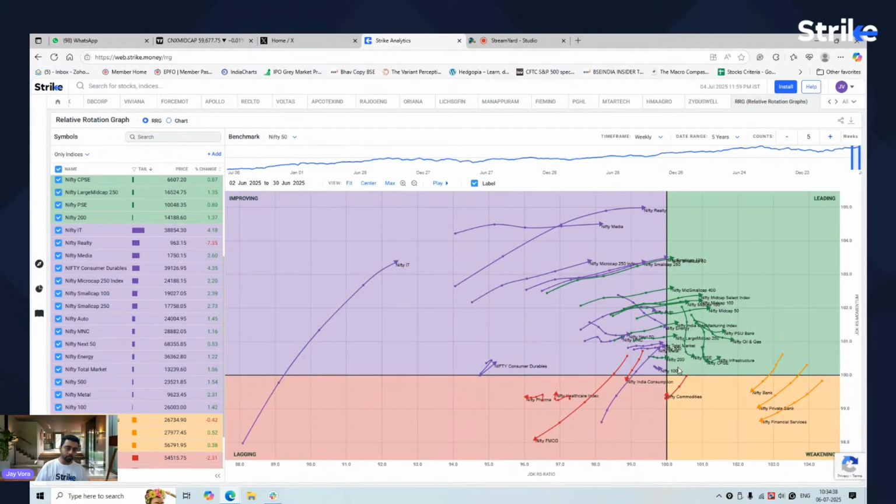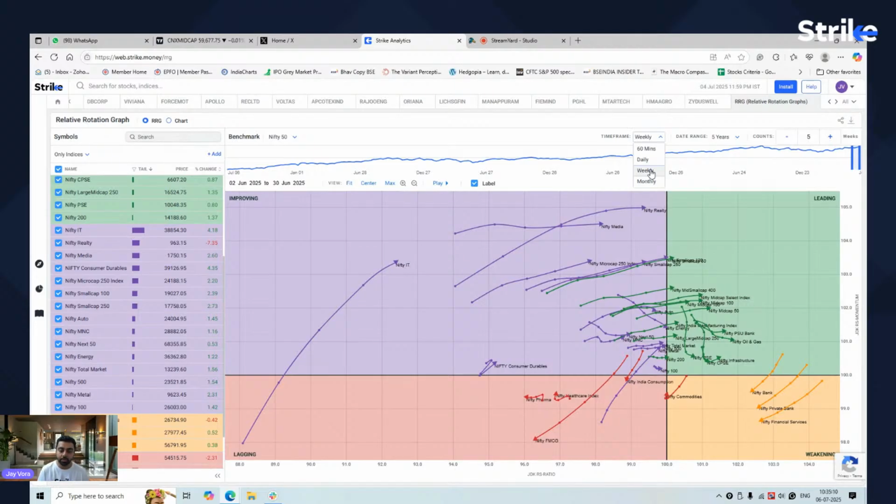Now, over here we have the time frames that you want to see. This tool is developed by Julius de Kempenaer. He himself suggests looking mostly at the weekly chart, but you can use it based on your time frame. Weekly gives you a fair idea of what is going to happen in the next 2, 3, 4 months.